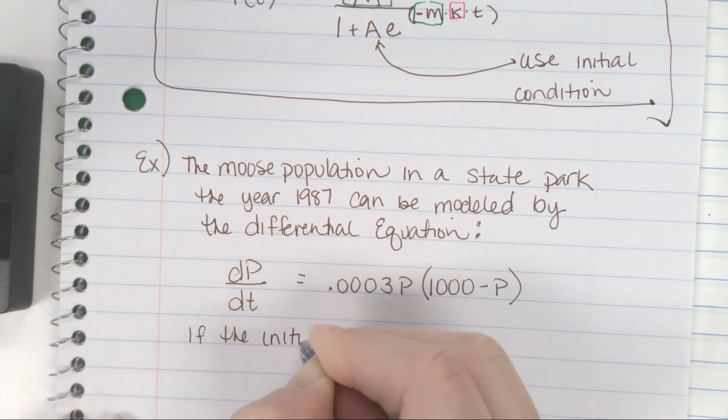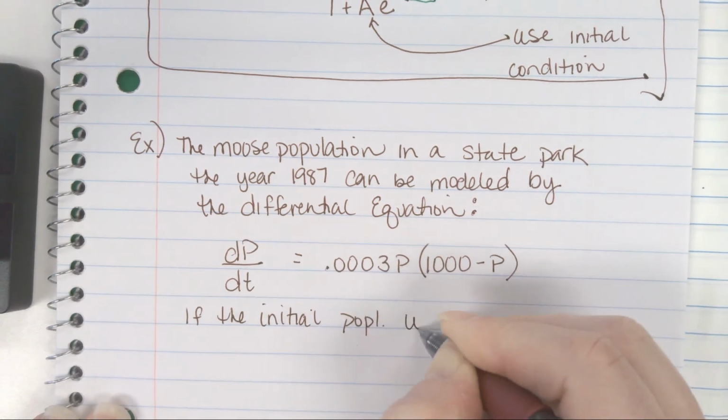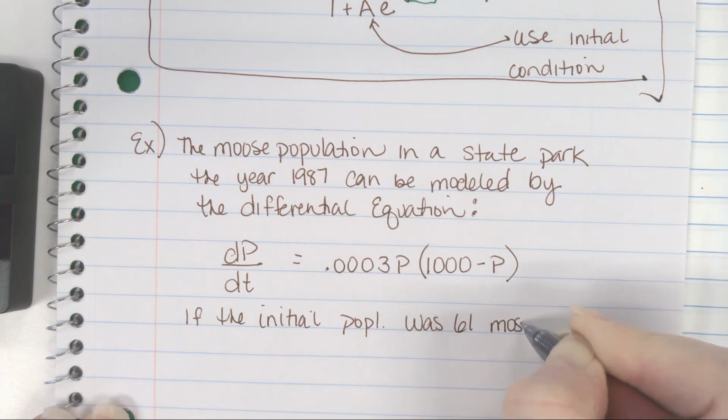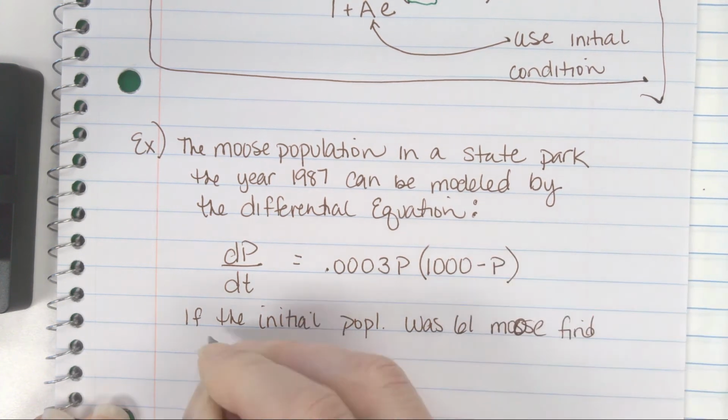If the initial population was 61 moose, find P of t.